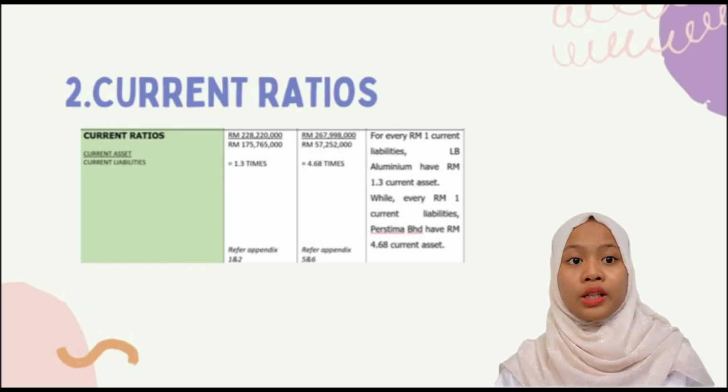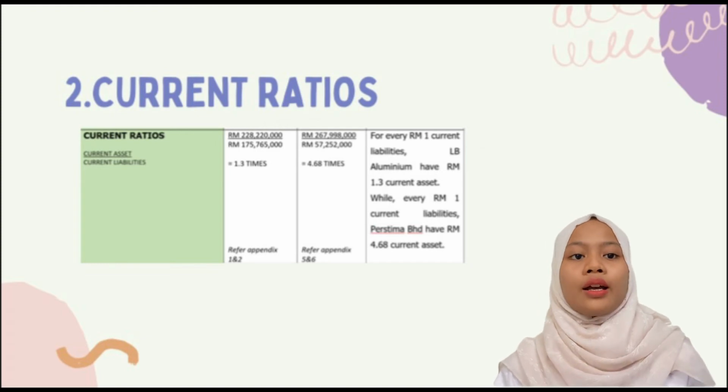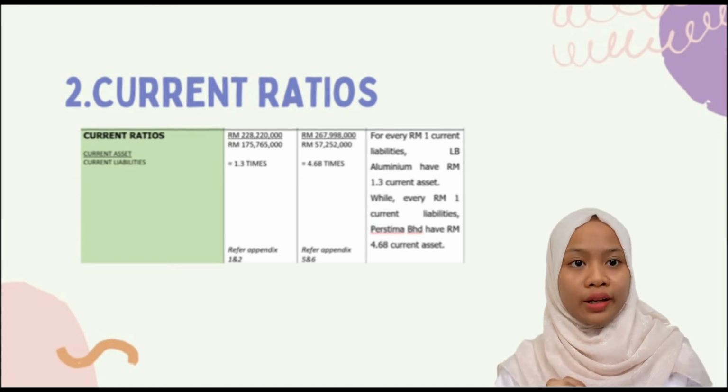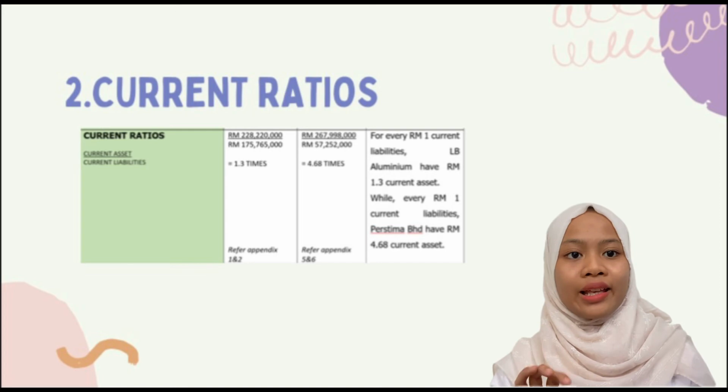Current ratio formula is current asset divided by current liability. In LB Aluminium, we have 1.3 times, and Perstima Berhad we have 4.68 times.